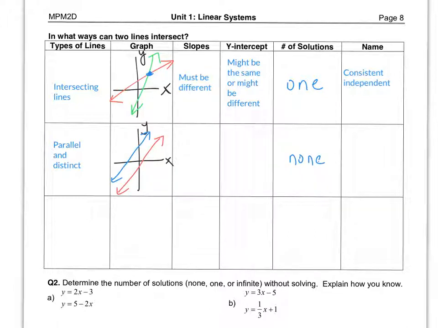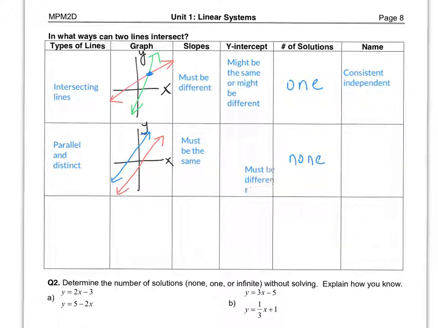There's no solution. With these, the slopes must be the same to have the same direction. And your y-intercepts have to be different, because if the y-intercepts were the same, they would lie on top of each other. So these must be different.